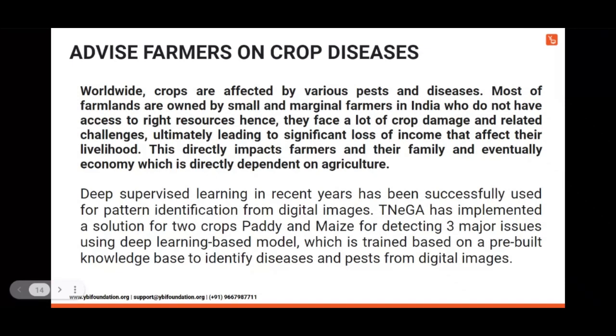So this helps farmers with early crop disease prediction. It will not only help increase farmer and crop productivity, but also reduce the input cost for farmers, give better yield, and reduce the use of pesticides, which means a healthy environment and less pollution or poisoning of water, land, etc. So that is again a use case of predictive analytics in agriculture.